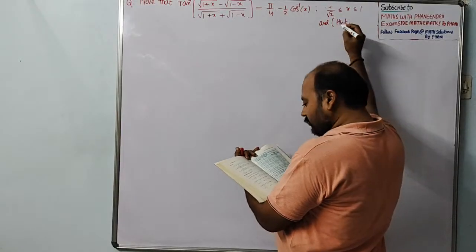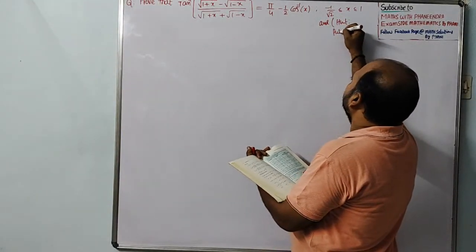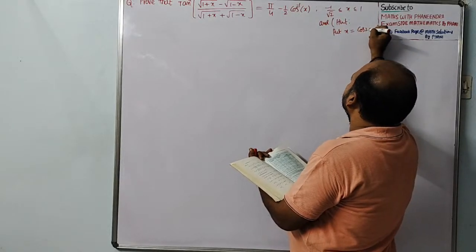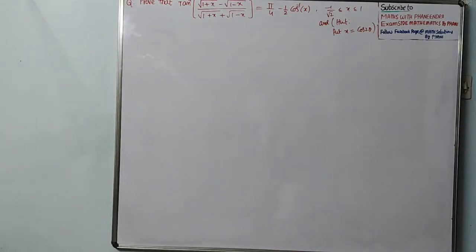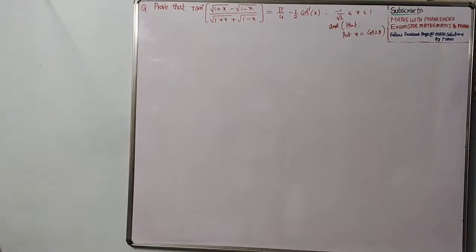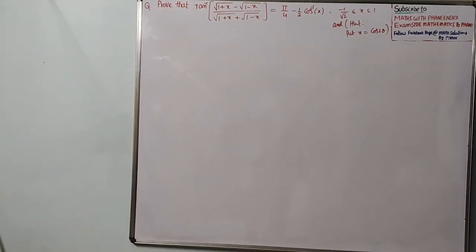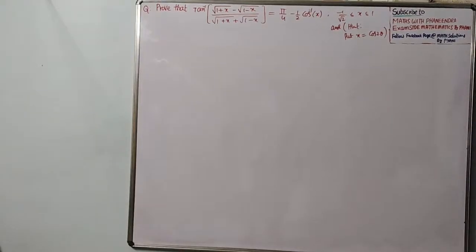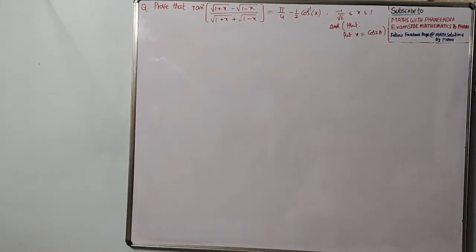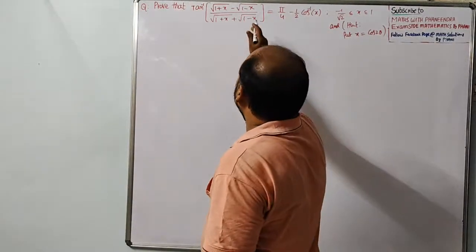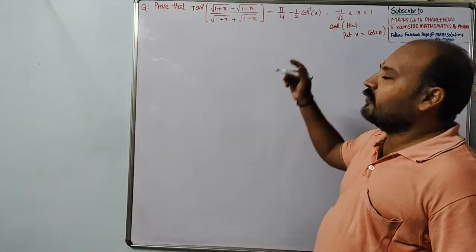But in the exam they would give it. Put x is equal to cos 2 theta. So here, for the x value they are giving a hint, no?